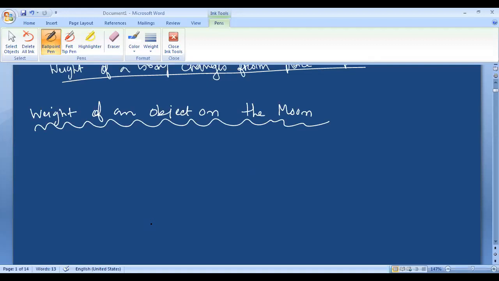Suppose, write down: let the mass of an object be small m.